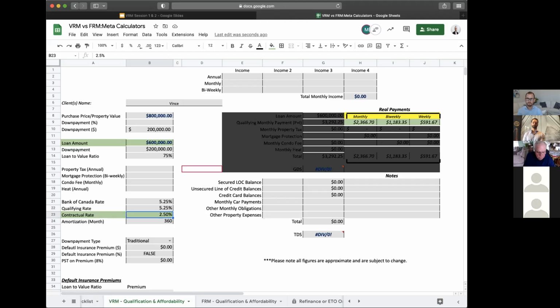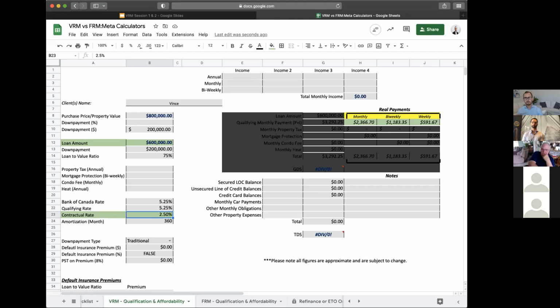So if you have a $300,000 mortgage, that's $12.50 times 3. That's the increase, right? $37.50. So a month, that's the increase.